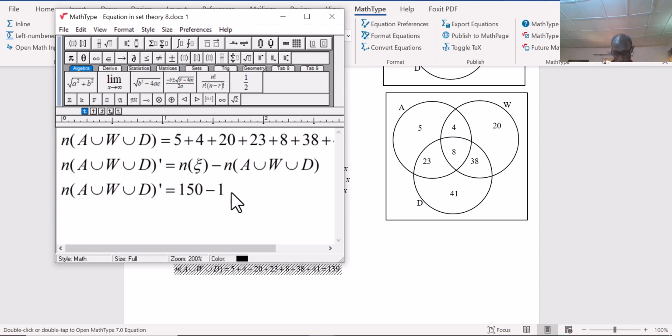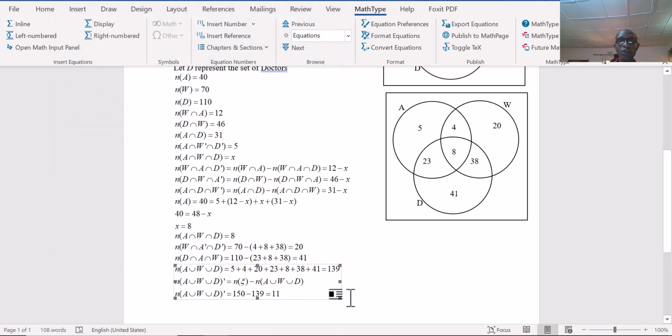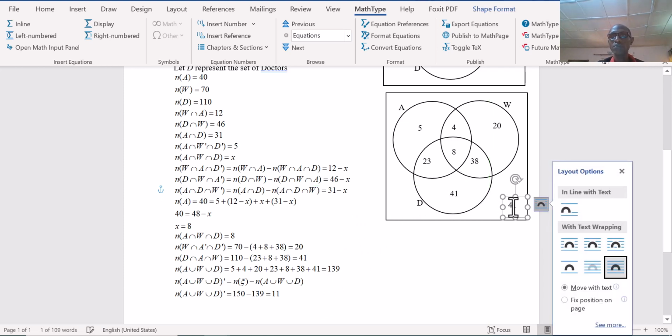So minus 139. If you subtract that, that will give us 11. So we have that as 11. So those who are not, this is 11.